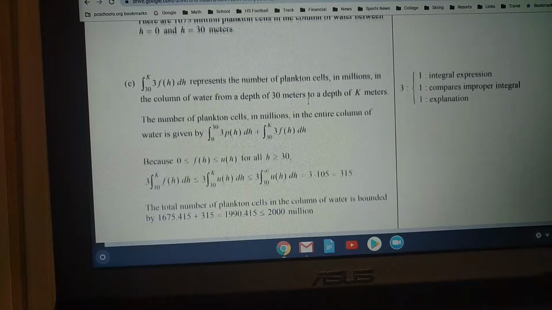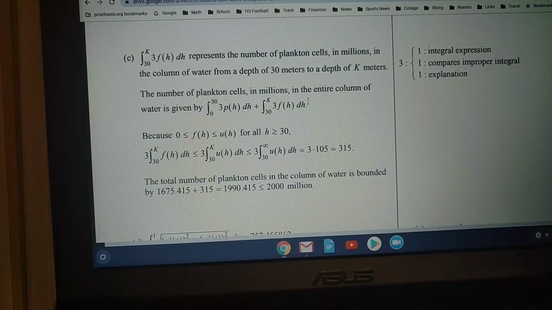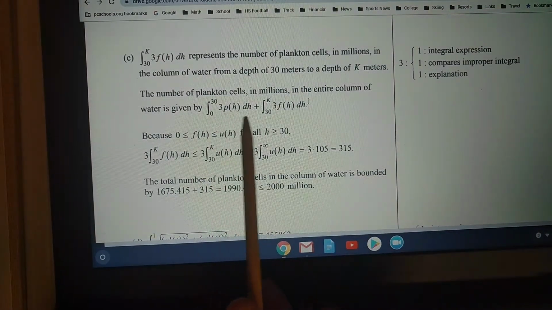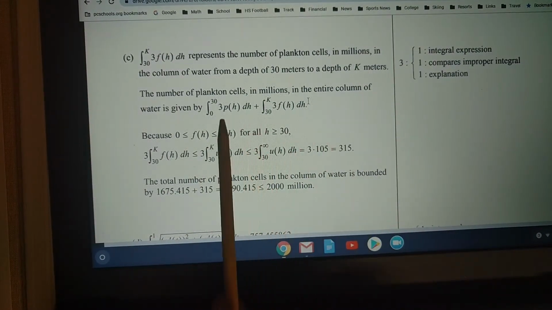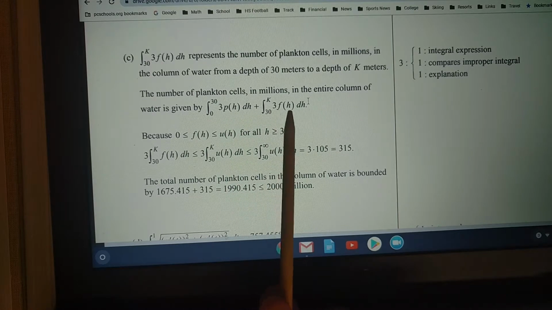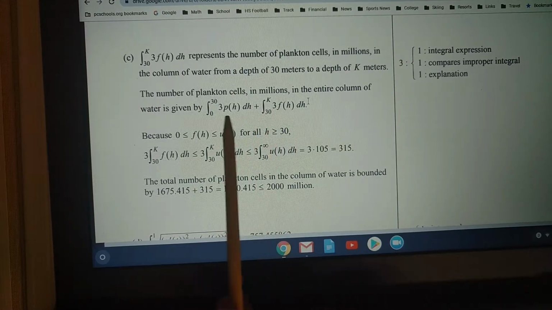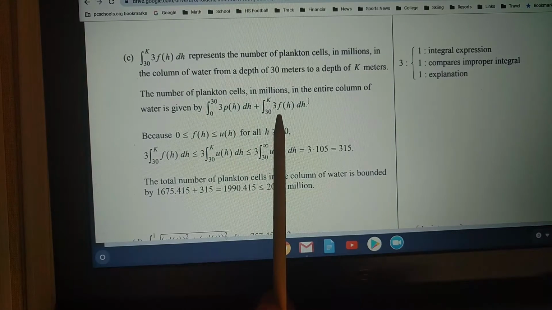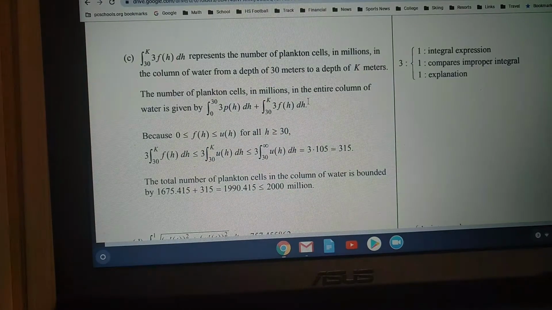Part C, you get 1 point for your integral expression here. For your integral expression, we are talking about this value here, going from 0 to 30 of the total plus 30 to k.